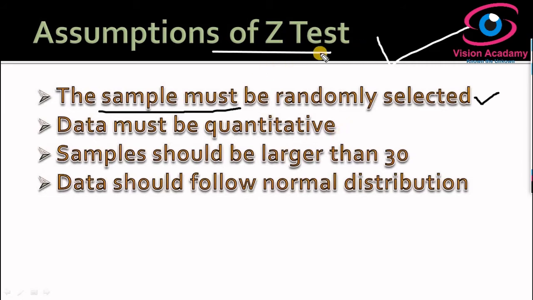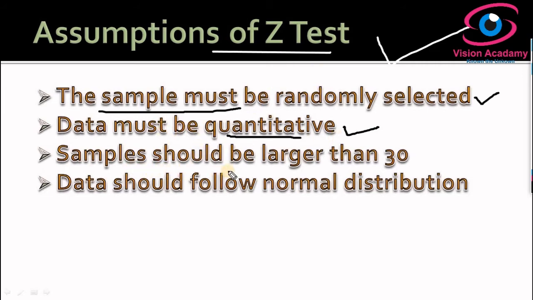And to apply the z-test, the data must be quantitative, because for statistics you cannot apply qualitative data. If your data is of a qualitative nature, you must convert it into quantitative data using proper methods available in statistics. So we can apply the z-test only for quantitative data.